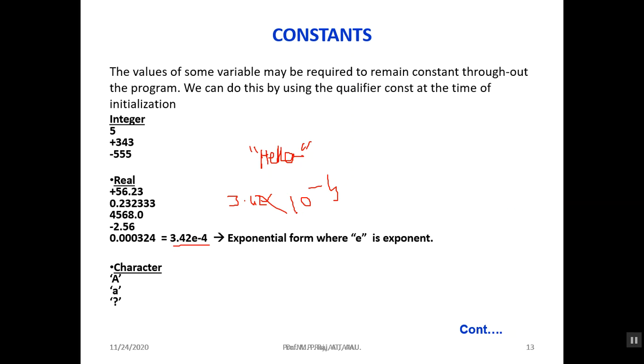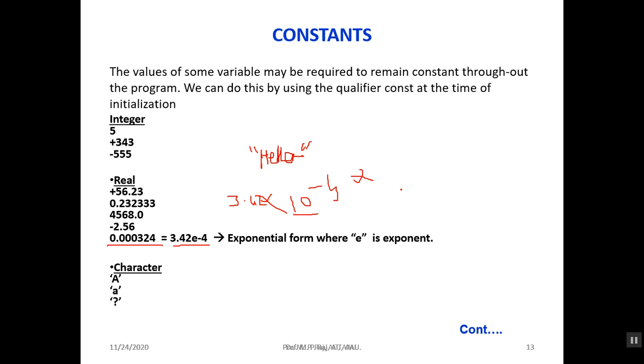It is the same thing, but here I am using e instead of 10, and raised to minus 4 is directly written as minus 4. So this is exponential format. I hope you can understand this too. I can write numbers like this, and like this also. I cannot write like this. This is not allowed. So these are also constants.